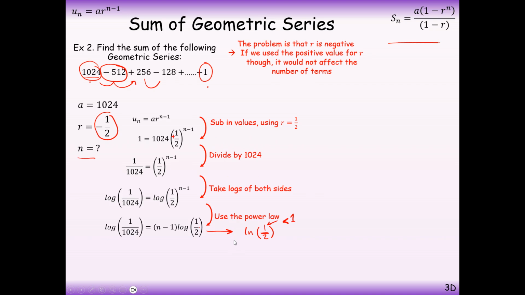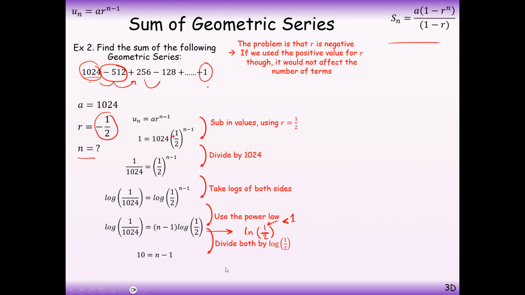So if it was an inequality, you would have to flip the inequality sign. But here, that's fine, because log of 1 over 1024 is also negative. Two negatives divided by each other will give us a positive 10.